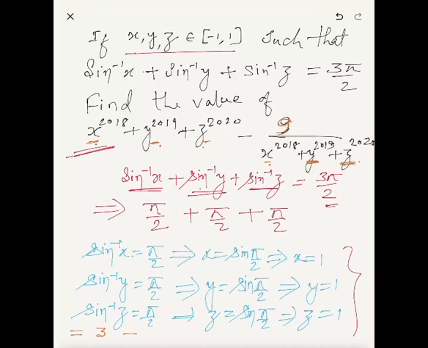So again in the denominator you are having 1 plus 1 plus 1, 3, isn't it? So 3 minus 9 divided by 3, what you will get? 3 3s are 9, cancel, so you are left with 3 minus 3 is equals to 0. I hope you got it. The answer is 0.